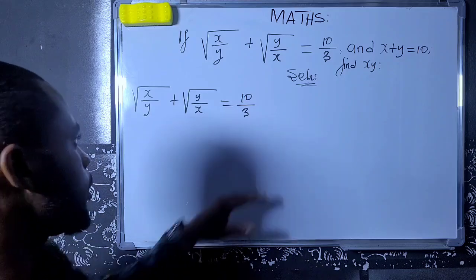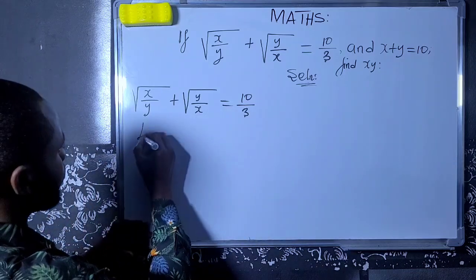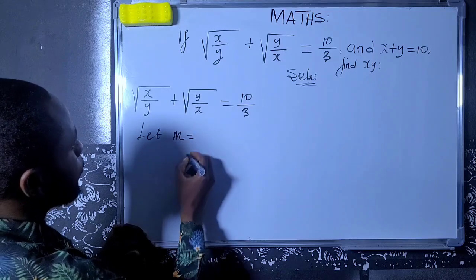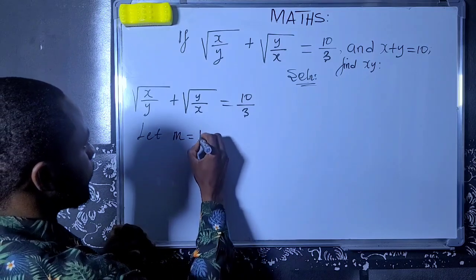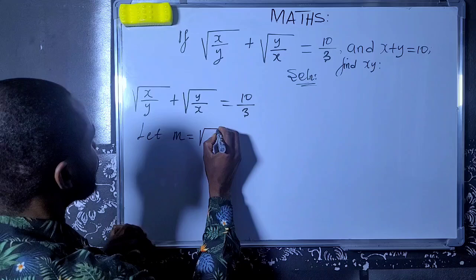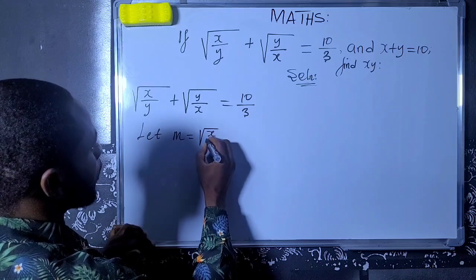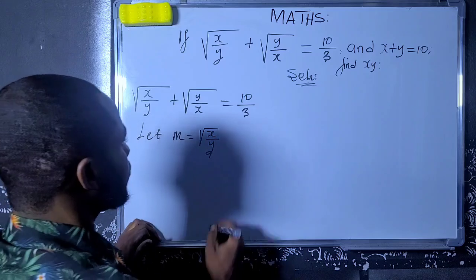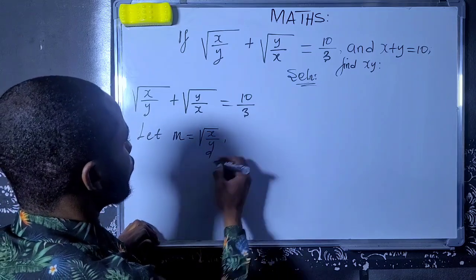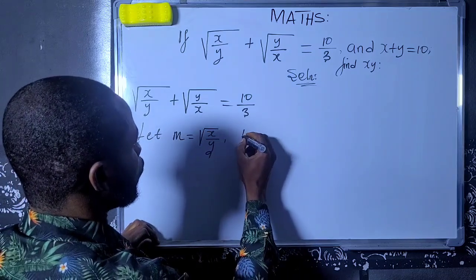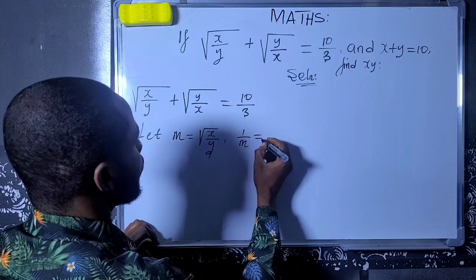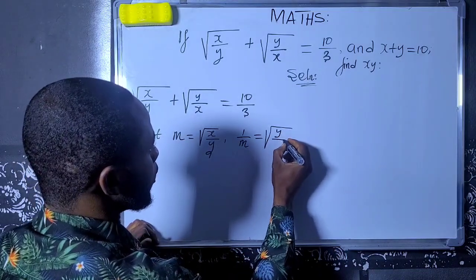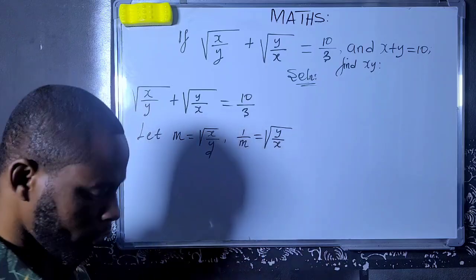But at this point, let's say that m equals the square root of x divided by y, and we have that 1 over m equals the square root of y divided by x.